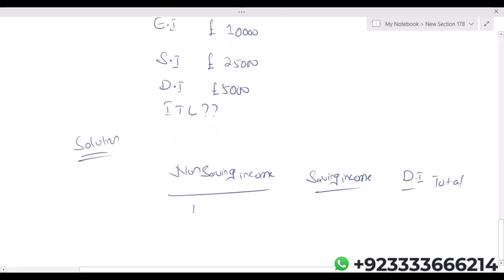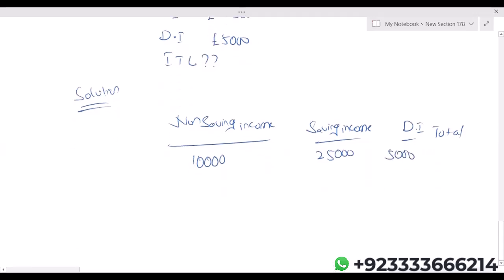Obviously, employment income is non-savings income. Just for the sake of doing it quickly, I'm writing directly 10,000 non-savings. Savings is 25,000. Dividend income is 5,000. Becomes 40,000 total.